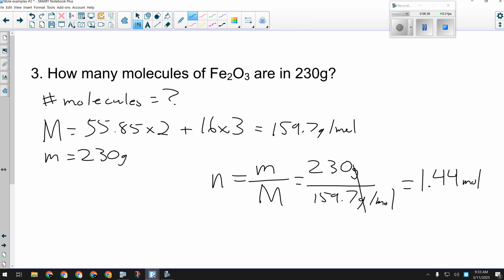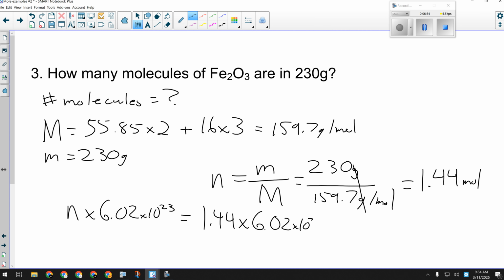So the next step, because I realize that the number of molecules is a huge number, I'm going to take n and multiply it by 6.02 times 10 to the 23. So that's 1.44 times 6.02 times 10 to the 23.